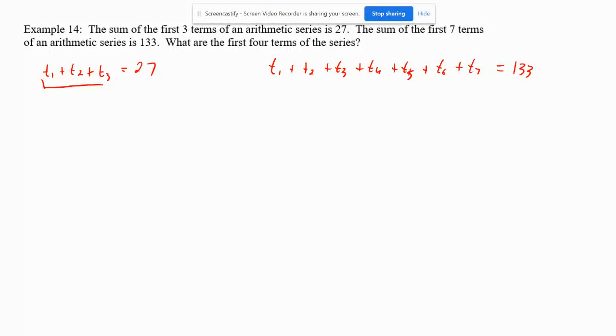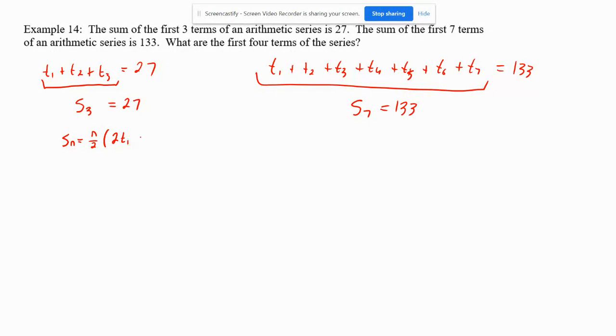So this is saying that S3 equals 27, and this is saying that S7 equals 133. Guys, for this question, we're going to use the second formula, which is Sn equals n over 2 times (2t1 plus (n minus 1) d).